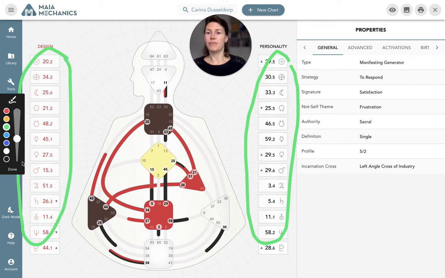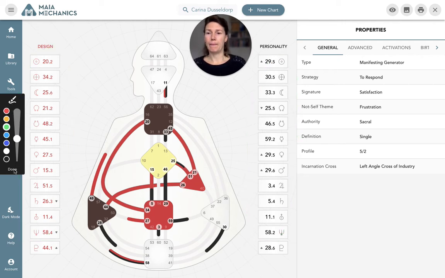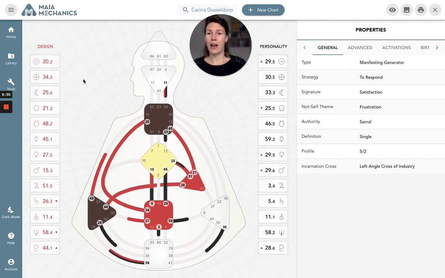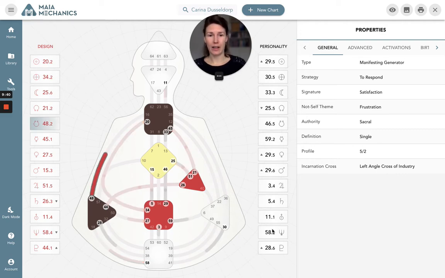So, for example, here you can see this one, this 20, corresponds with this gate here, and the 34 also here in the design. So that's how your chart actually is created. That's the link with the numbers on these sides and this side.